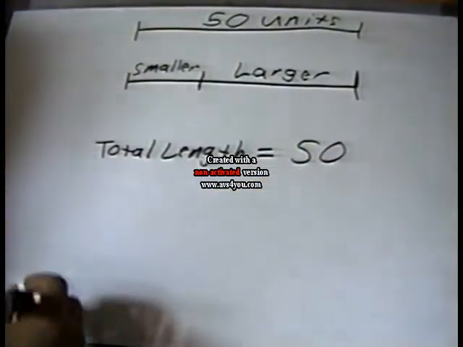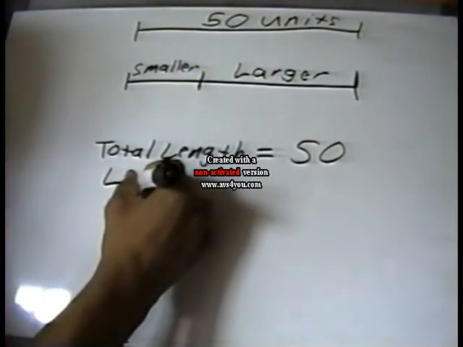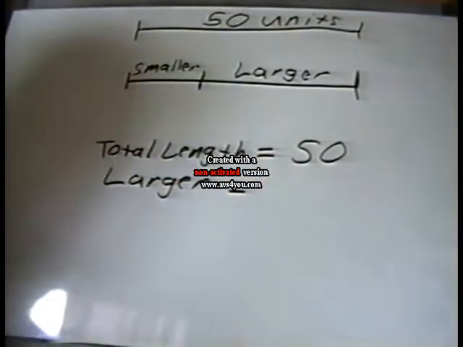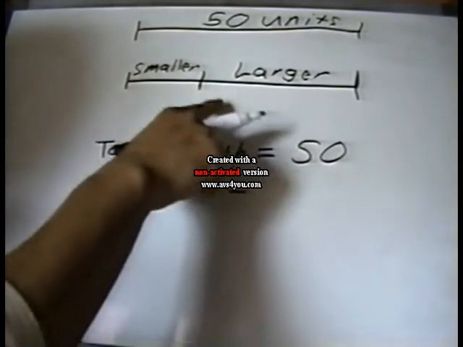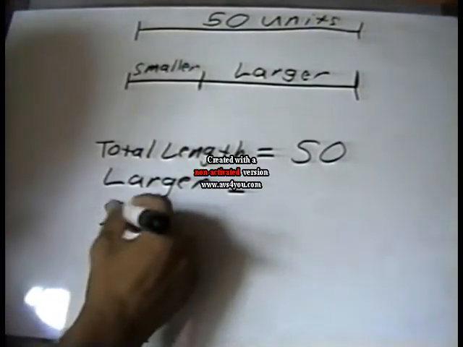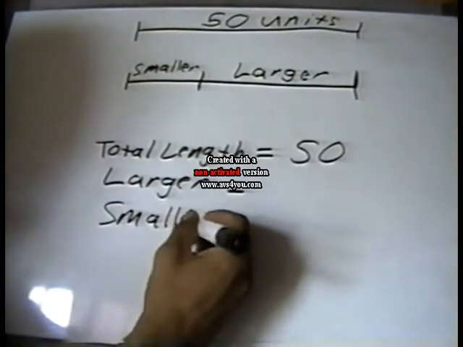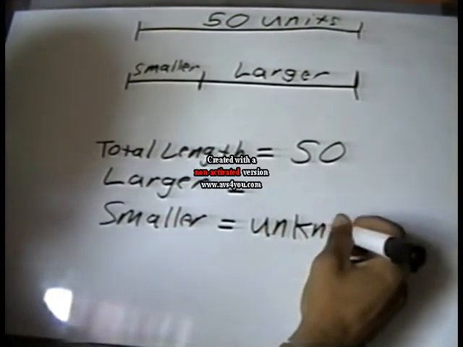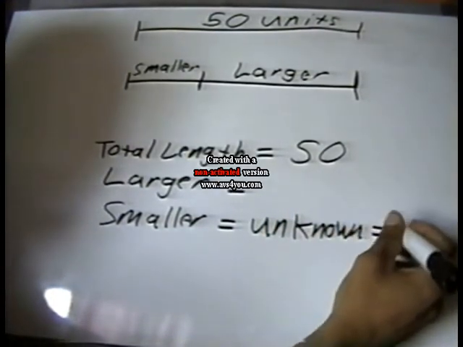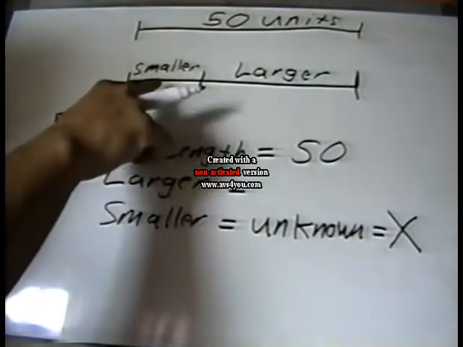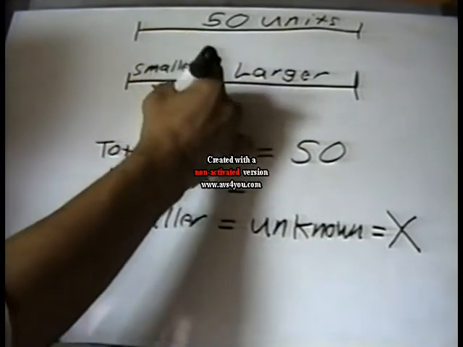So first, what we're given, we know the total length. So the total length is known, which is 50. The larger is 10 units longer than the smaller part. So what is the smaller part? We don't know the smaller part.